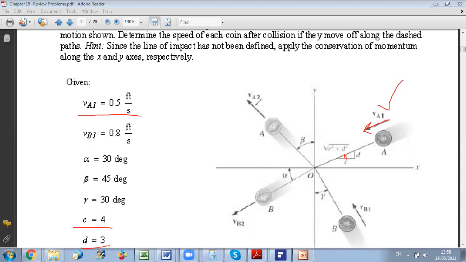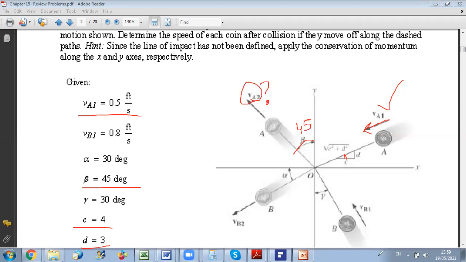Now for VA2 I don't know the magnitude, and because I don't know the line of impact, they had to give me extra information. Otherwise, if I knew the line of impact, I would have extra equations to write. So they gave me the direction of VA2: theta is 45 degrees, so theta is no longer unknown. Okay, the unknown in VA2 is just the magnitude.